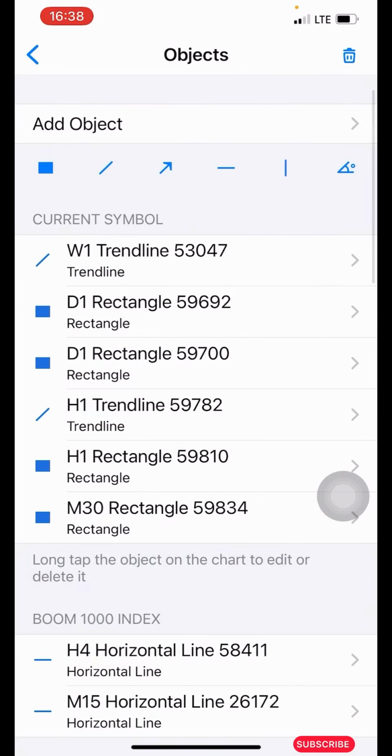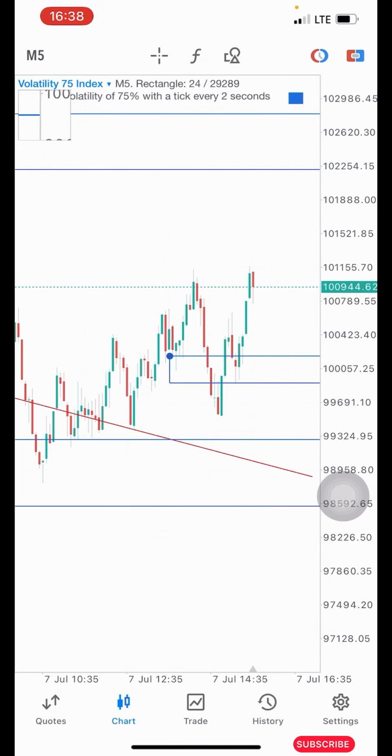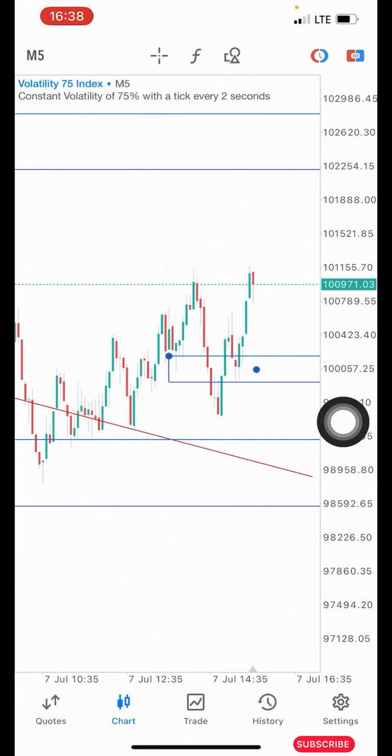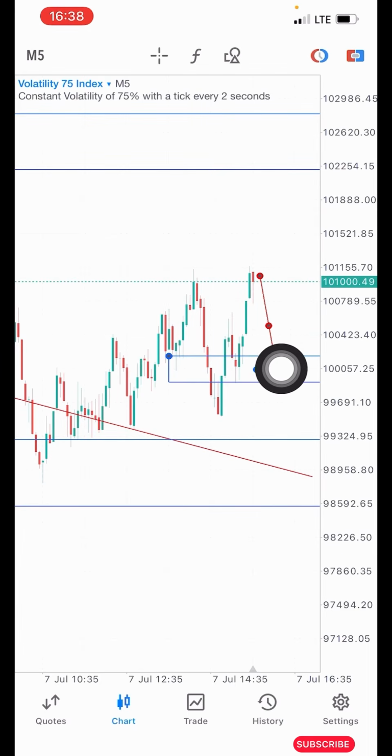First of all, you want to mark this area here, this area of support. Now you want to wait for price to come back to this area here, so you look for your buy around this area.